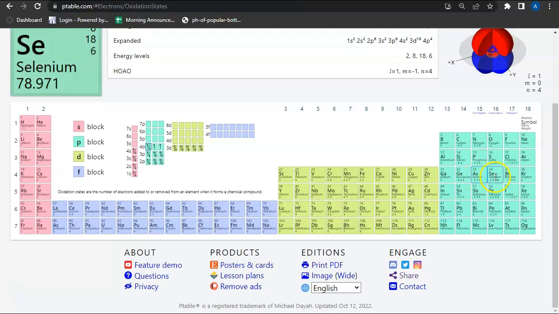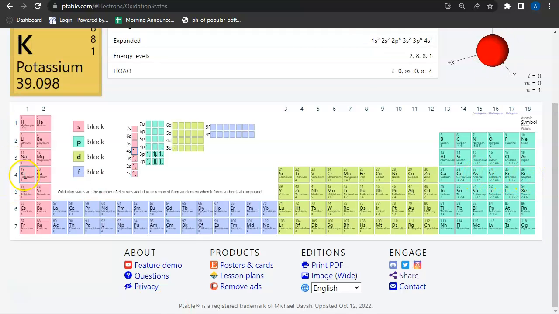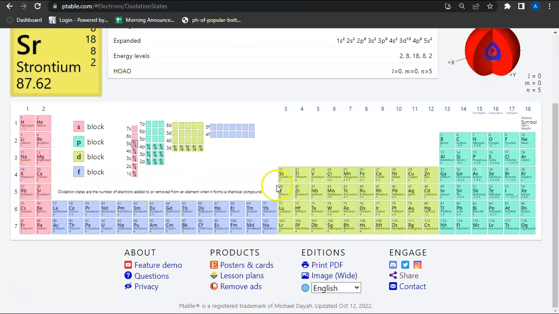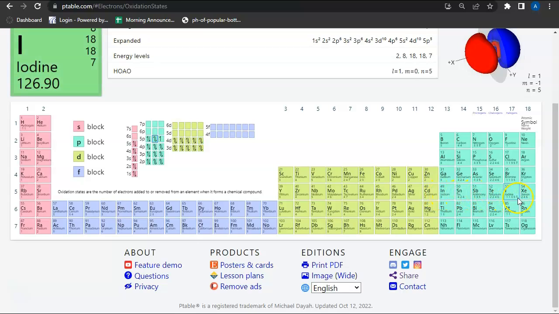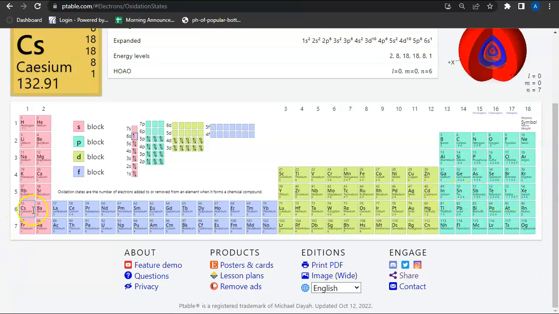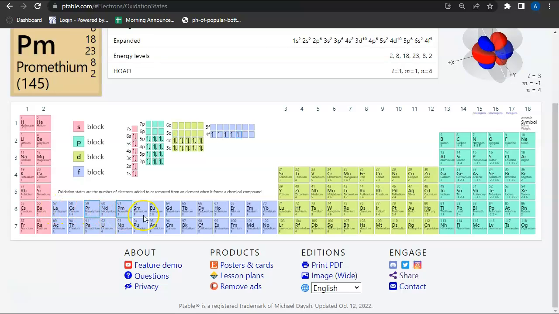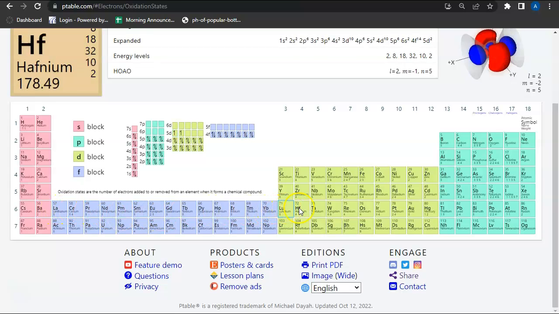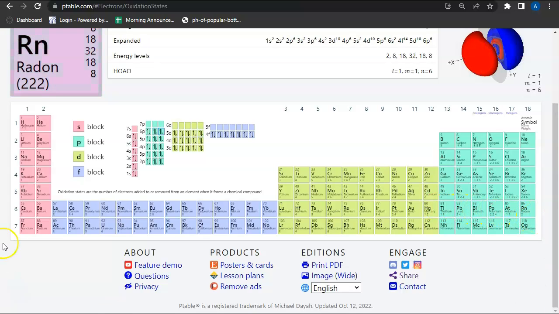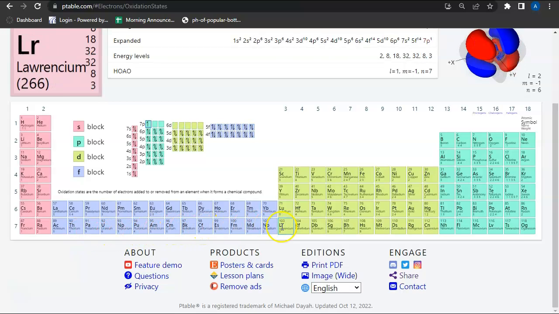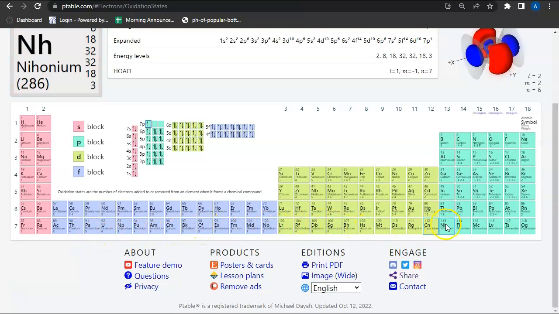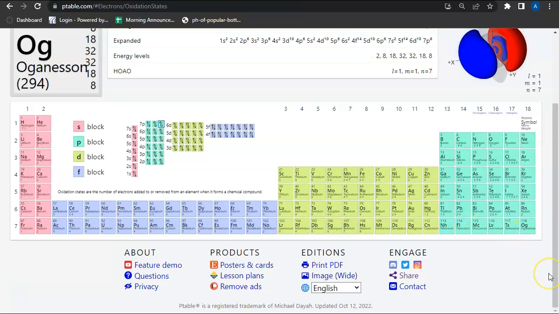And then we fill up 4p, and then 5s, and then 4d gets filled, and then 5p, then we come down to 6s, and then 4f, and then 5d, 6p, 7s, 5f, 6d, and then 7p. And then that's the end of the periodic table.